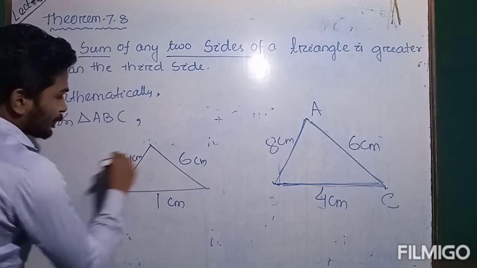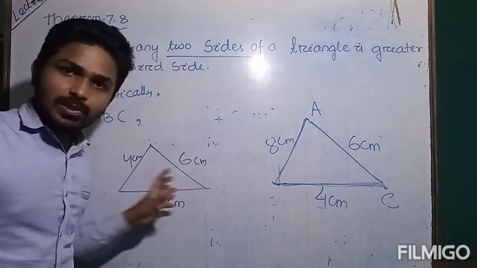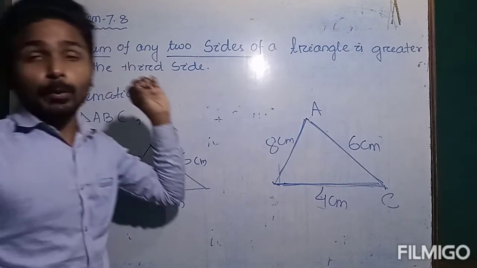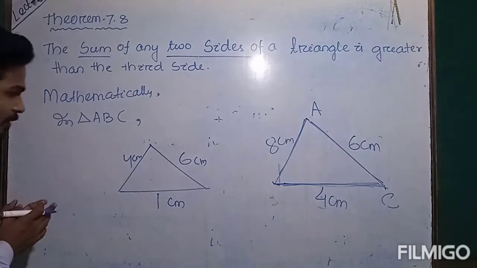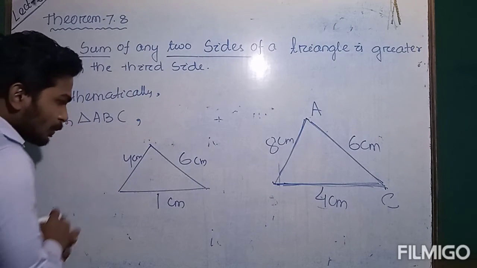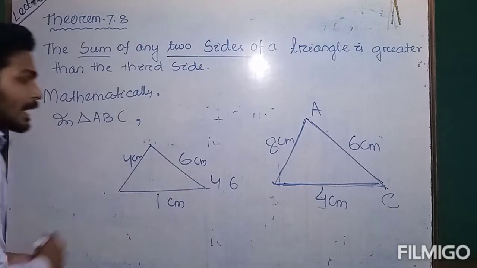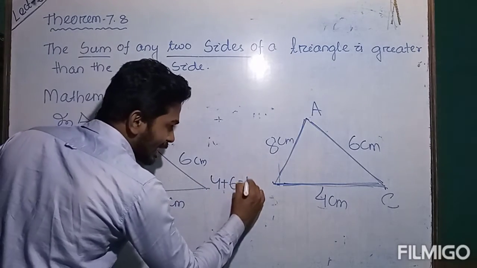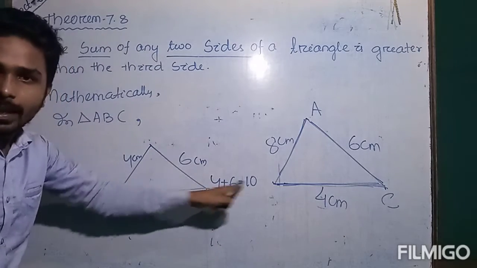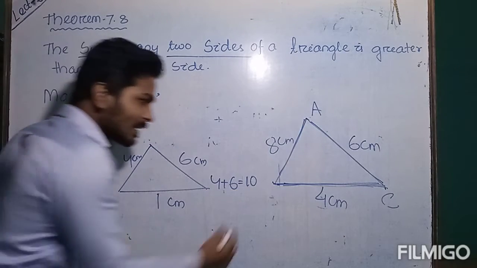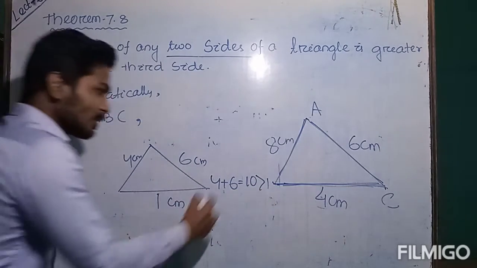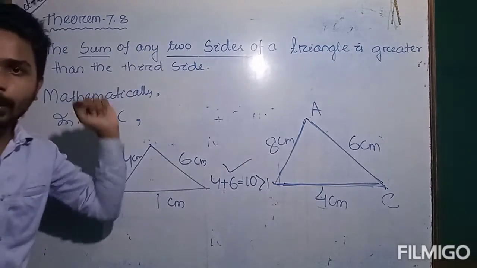Now let us find whether this triangle follows the conditions of theorem 7.8. First of all, we have to choose any 2 sides. Suppose I choose 4 and 6. If I add them, I get 10. Is 10 greater than the third side? Definitely, 10 is greater than 1. So this condition is satisfied for theorem 7.8.